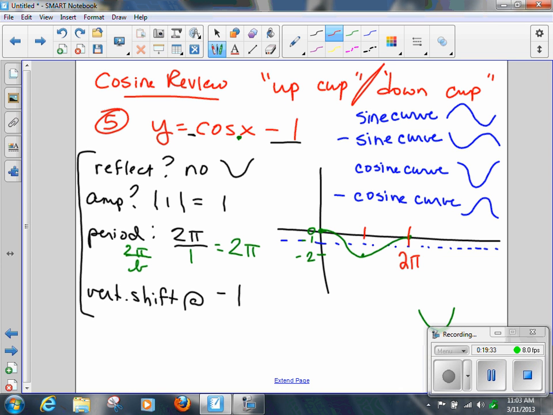That midway point, which in this case is our minimum point of our curve, what's halfway to 2 pi? 1 pi, or just pi. What is halfway to pi? 1/2 of 1 is pi over 2. 1/2 times 1 pi.